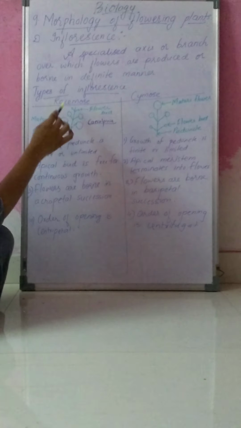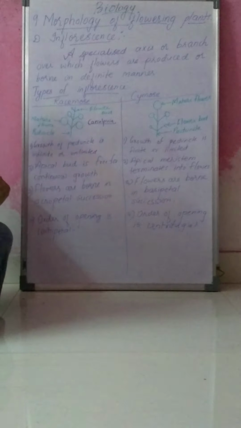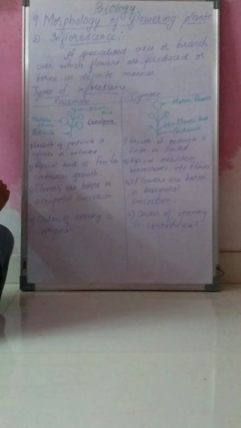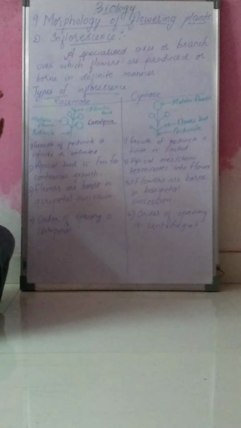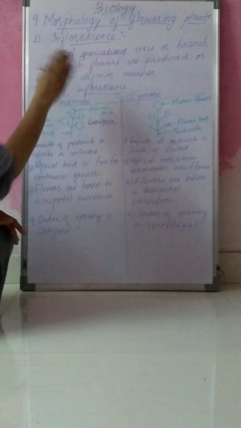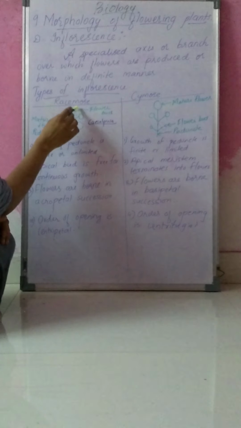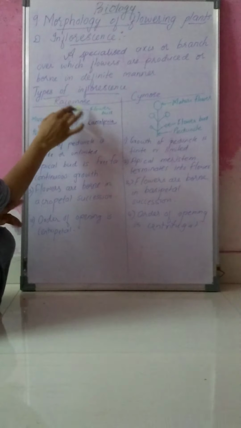So here always the mature flower will be down and it will be followed by a flower bud. So the growth of the peduncle is always unlimited because every time a new flower bud is added.